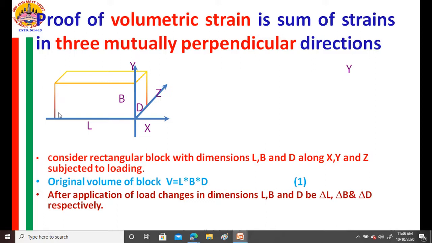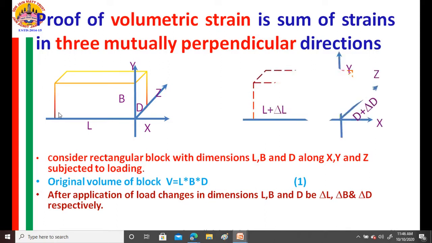After application of the load, the changes in the dimensions L, B, D are del L, del B, del D respectively. Yes, this block after experiencing the load will appear something like this.